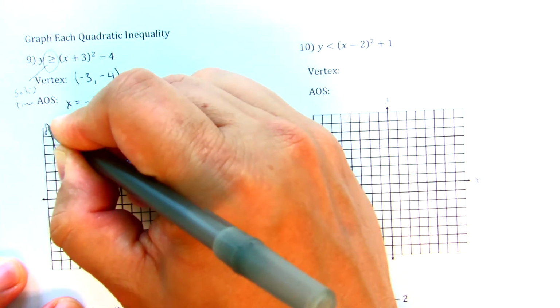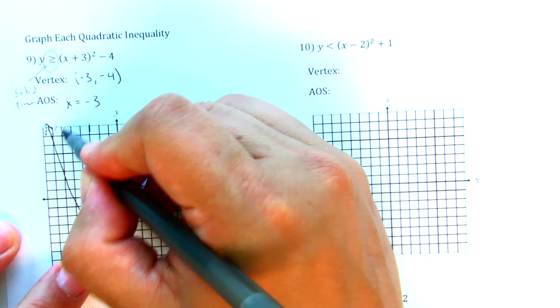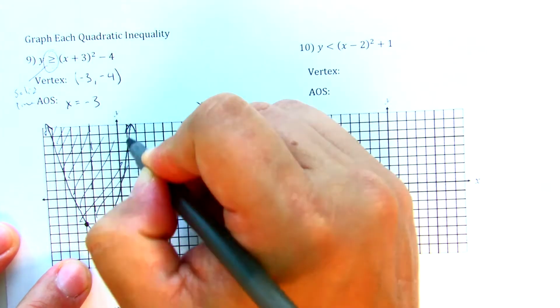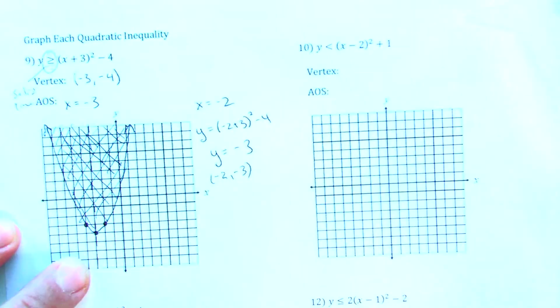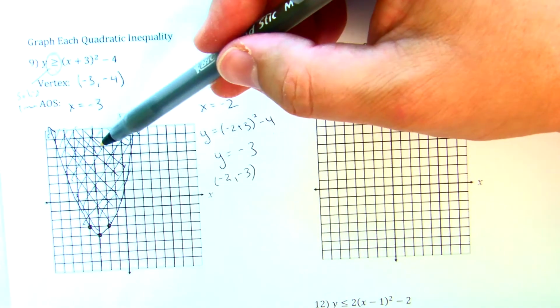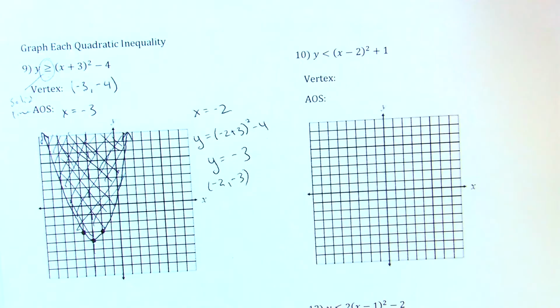There's my parabola, but y is greater than or equal to this, so it includes everything above that parabola. All the points in this area here are solutions. Every point in here, the y value is greater than or equal to (x + 3) squared minus 4.